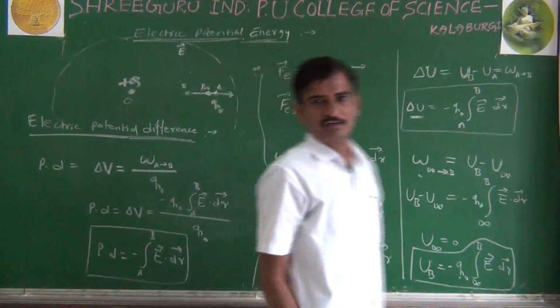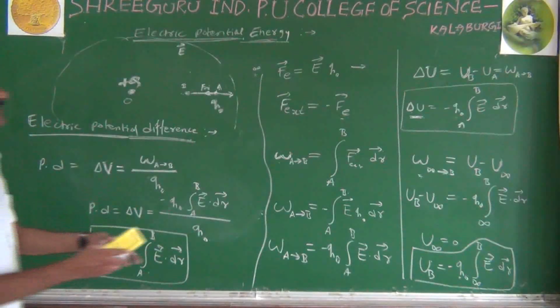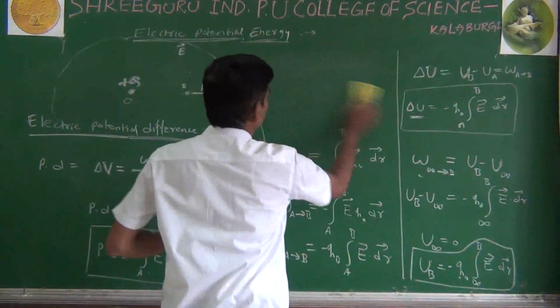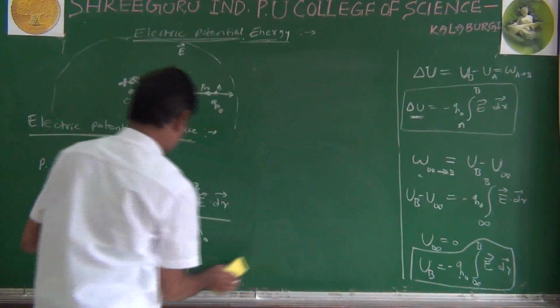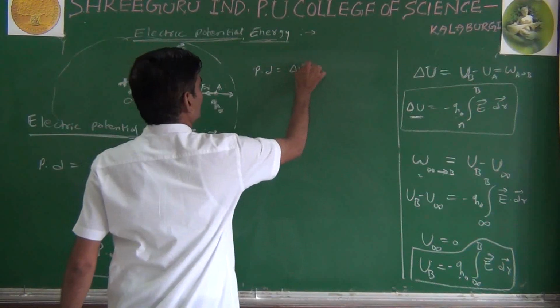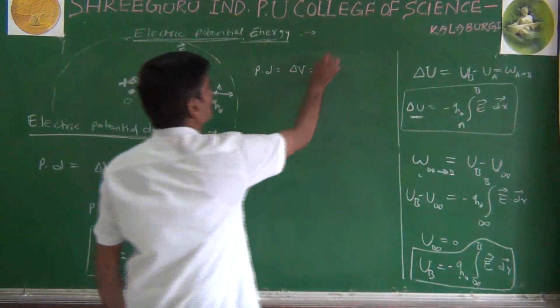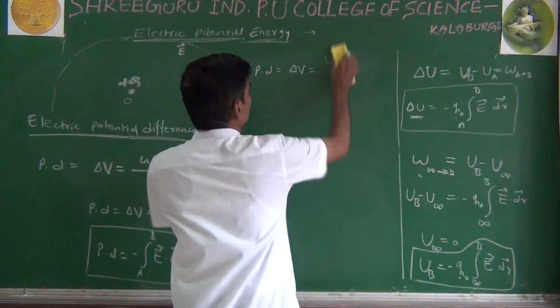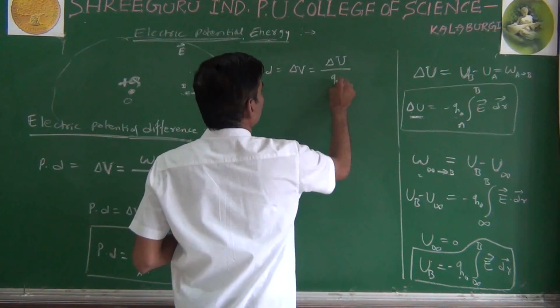Potential difference between the 2 points A and B. Or you can write another way. Potential difference delta V is equal to work done, which is nothing but delta U, divided by Q naught.